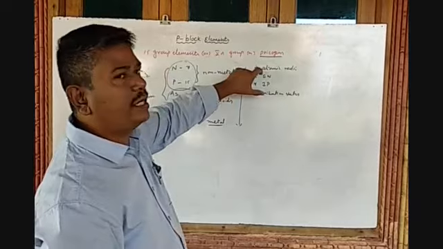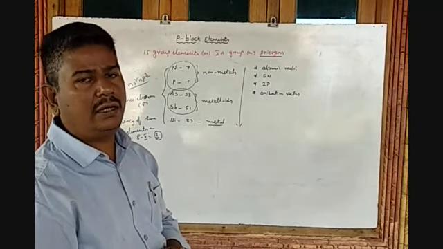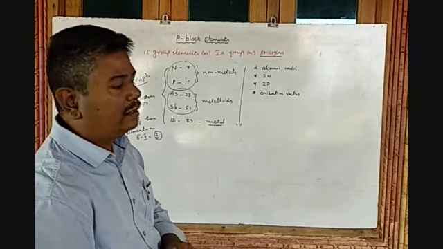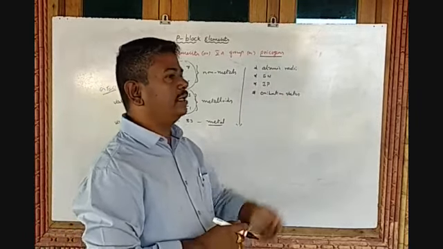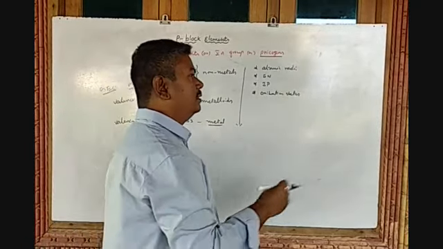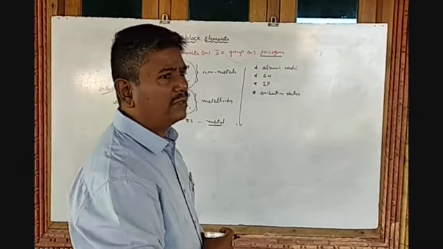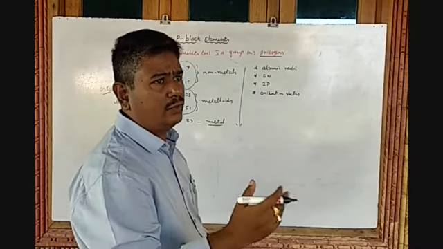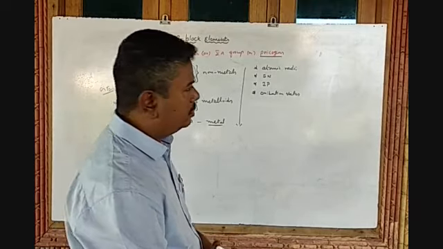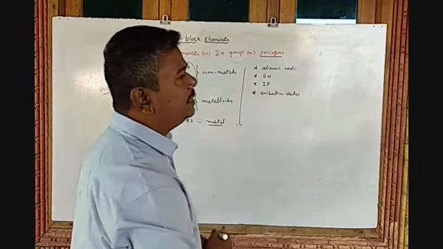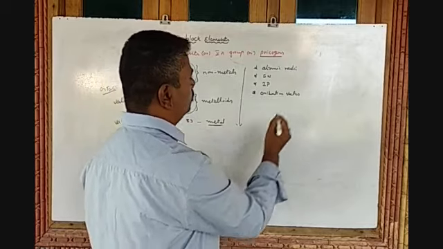How these periodic properties change in this group will be discussed. So in the case of atomic radius, we have already learned about the different kinds: atomic radius, ionic radius, covalent radius, as well as van der Waals radius. So how does this atomic radius vary in the particular group?